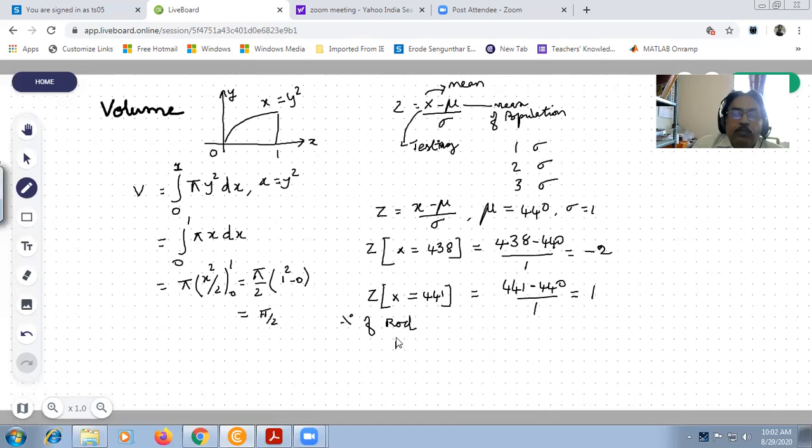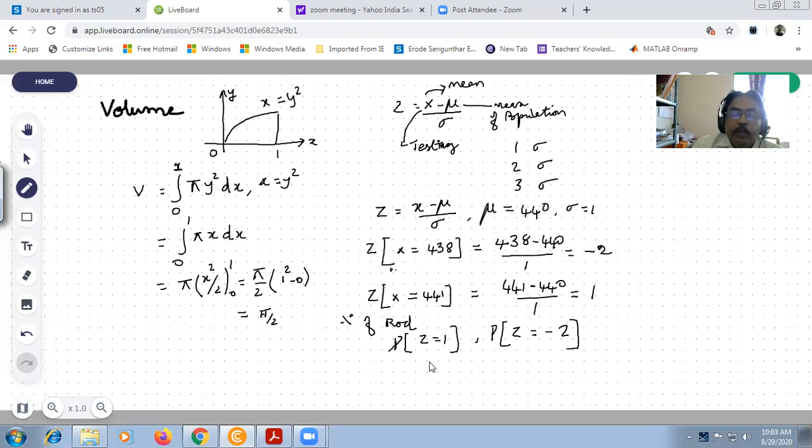So P of Z is equal to 1, P of Z is equal to minus 2.